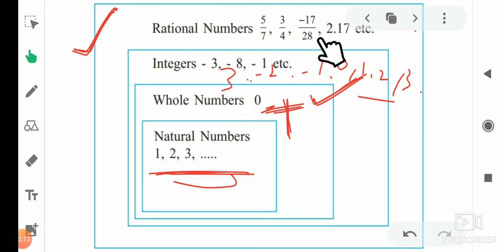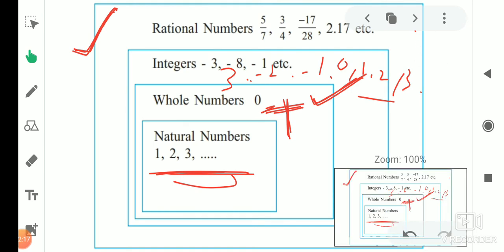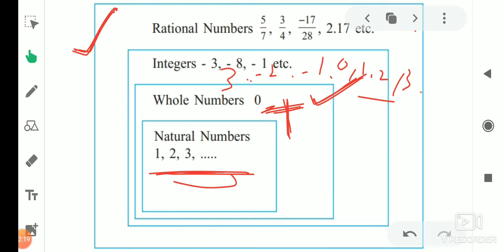So the table suggests that rational numbers are the biggest group that contains all types of numbers: integers, whole numbers and natural numbers. All these types of numbers come in the category of rational numbers. Then integers contain whole numbers, natural numbers and the negative numbers.